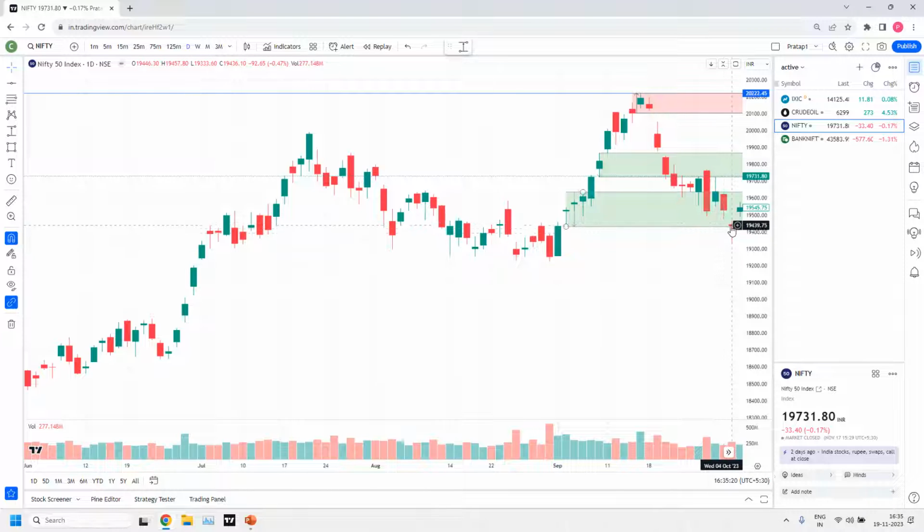Here, pierced happened. So immediately the trend is changed to downtrend, because with the first demand zone violation the trend changed to sideways, and with the second demand zone violation the trend changed from sideways to downtrend.